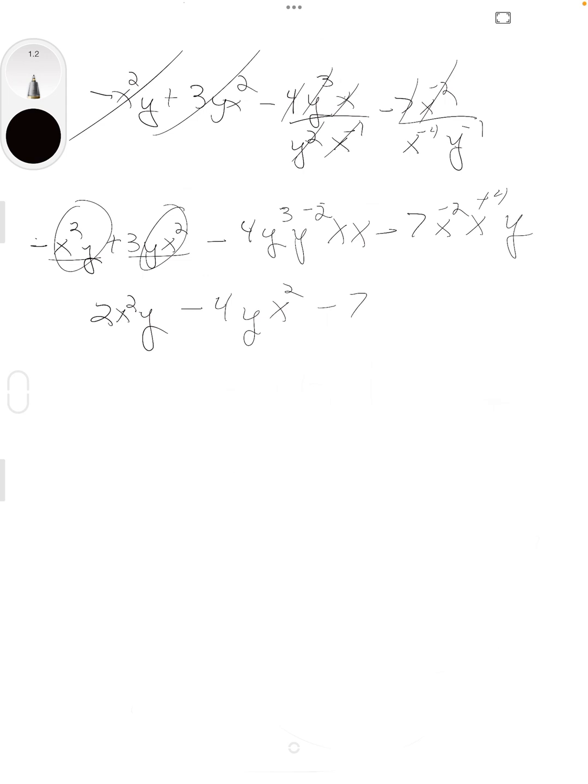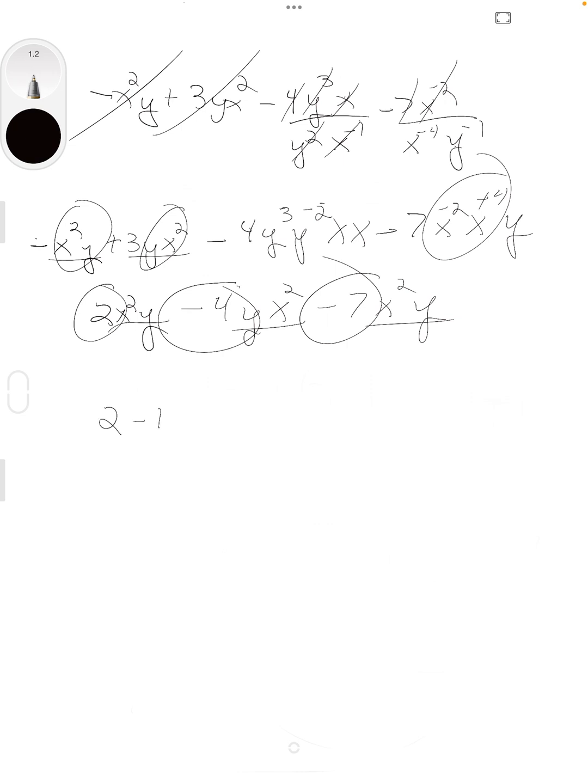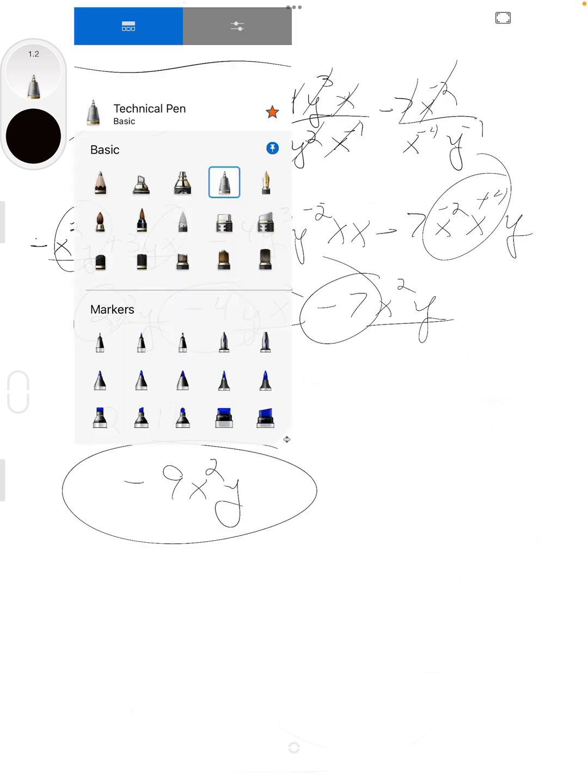And I get, so negative x squared y. And notice again, yx squared, yx squared, yx squared. So 2 of those, minus 4 of those, minus 7 of those. Well, that's 2 minus 11, which is negative 9 of those. Answer. So that is the answer to number 28.